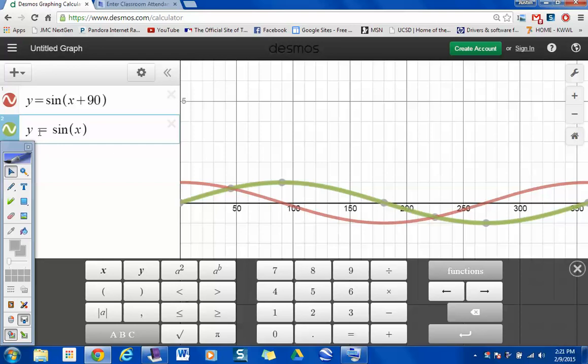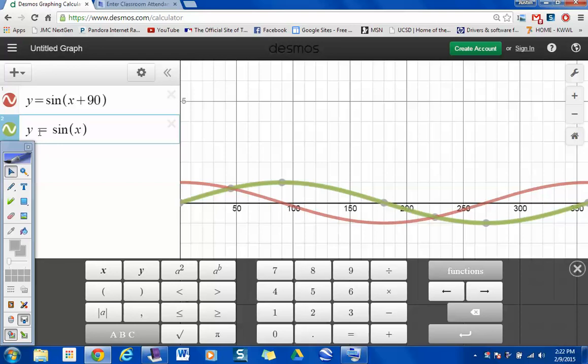The red is going to be the sine of x plus 90. The green is your original function. This point appears to be shifted over how many degrees, guys? 90 degrees, okay? So basically, anytime you're adding a C value in here like this, what kind of effect does that have on the graph? Shifts it left or right.